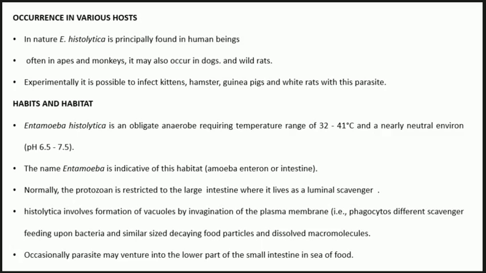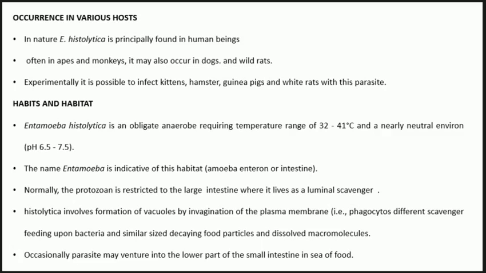Most of the time mammals. In fact, the reason is the body temperature of most mammals is constant, and that too in the range 32 to 41 degrees Celsius. Our human body temperature is 37 degrees Celsius, and for the environment where they can survive, it is the 6.5 to 7.5 pH range.